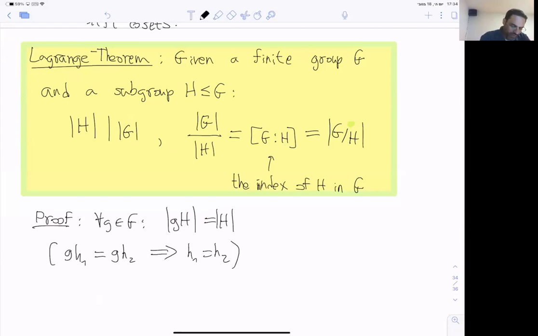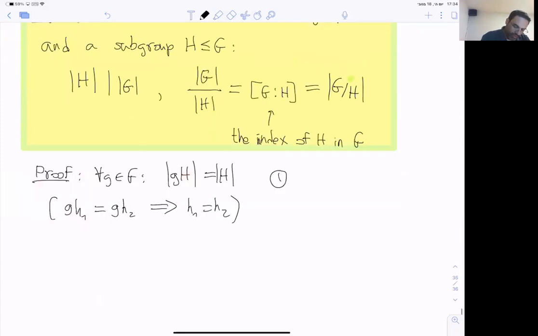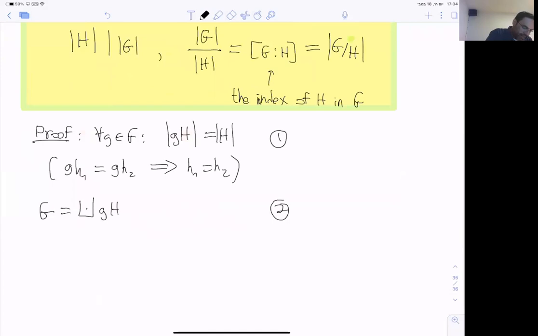So if we have this property, and we also know that G is a disjoint union of its cosets, it means that the order of G is the sum of the order of H, taken as many times as the number of cosets.